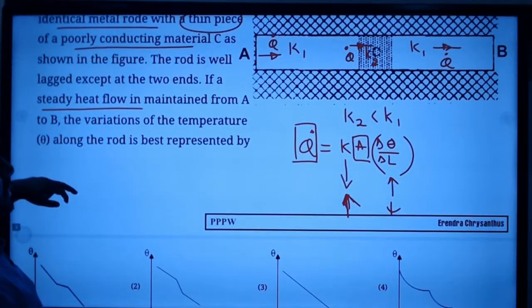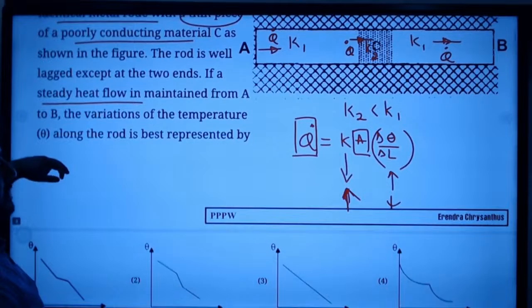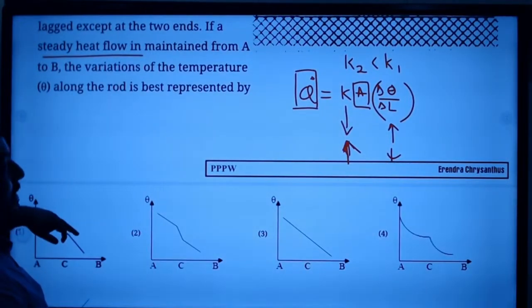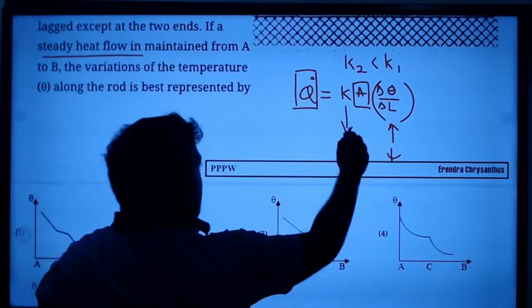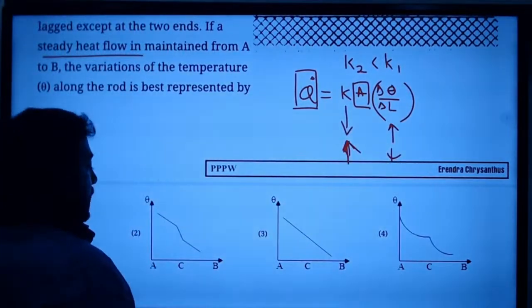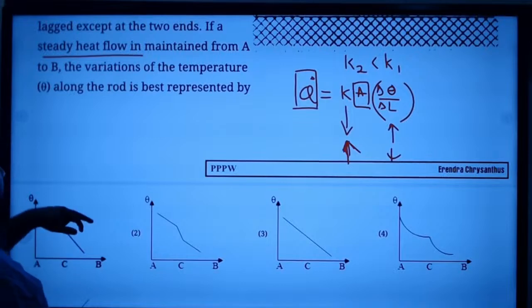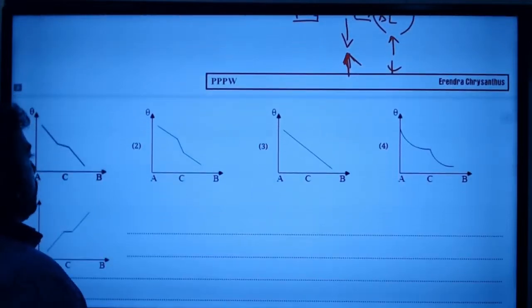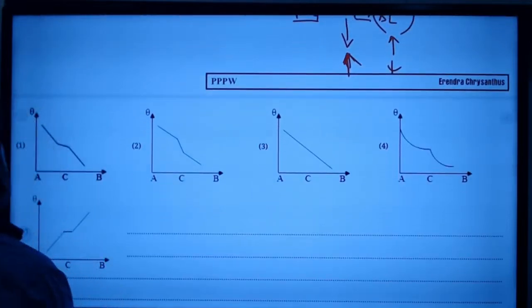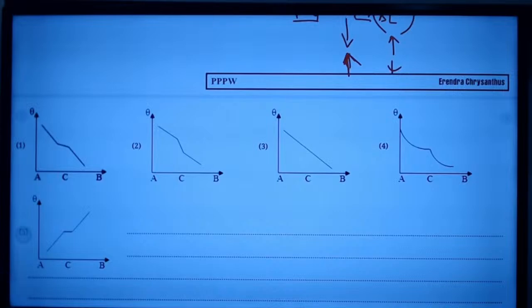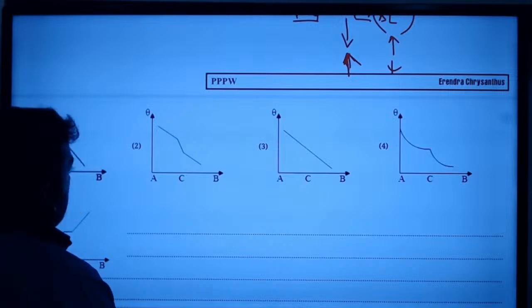Initial K is large. K1 is large. Larger K1, smaller temperature gradient. Smaller K, larger temperature gradient. So initial and final should have the same gradients. Right.